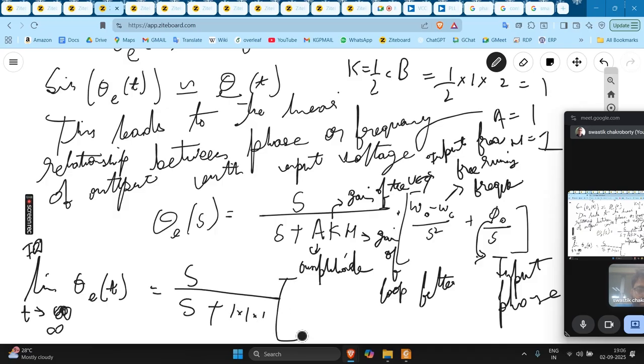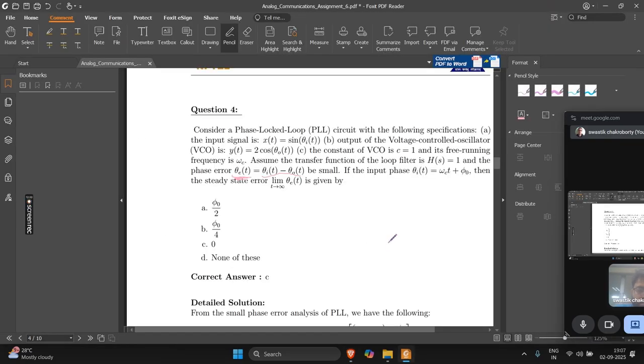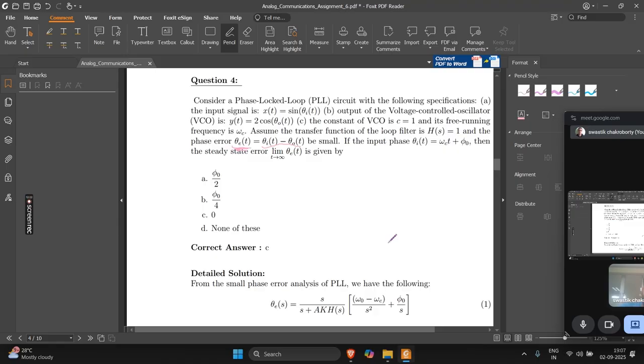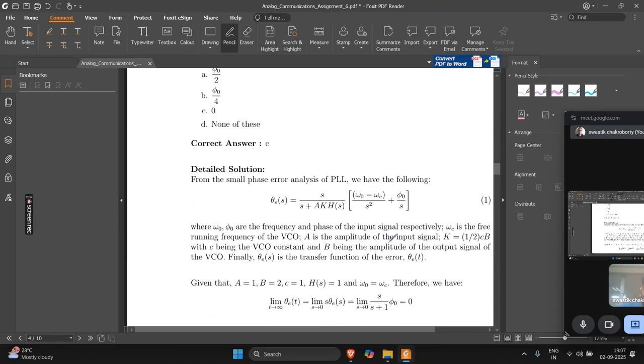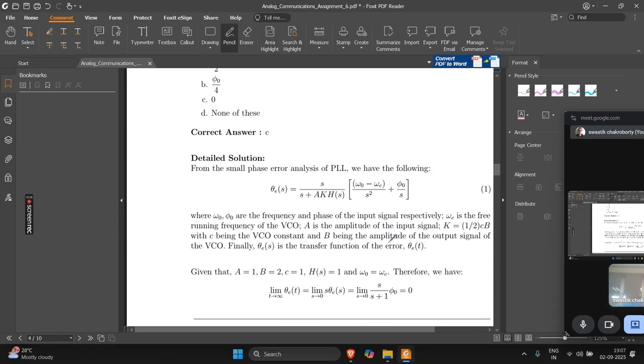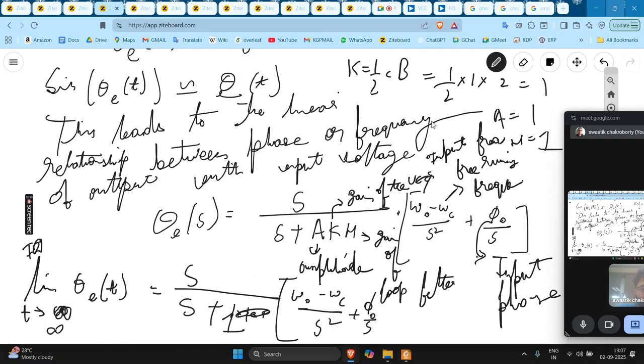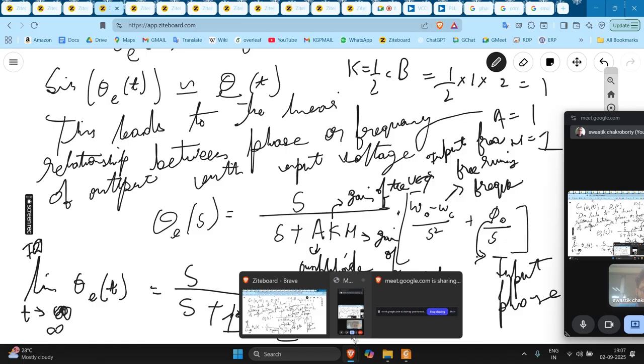And this one is omega naught minus omega c. So this is just plain 1. This is omega naught minus omega c by s square. This is phi naught by s. Now what is phi naught? Phi naught is the input phase. So the input phase is clearly given to be 0. So again this is 0.